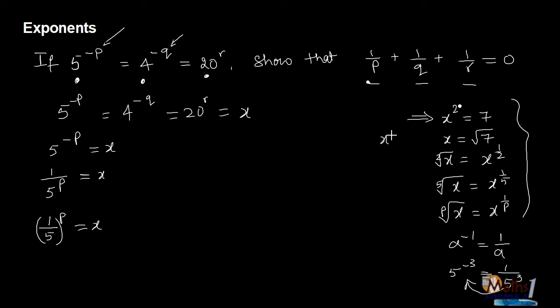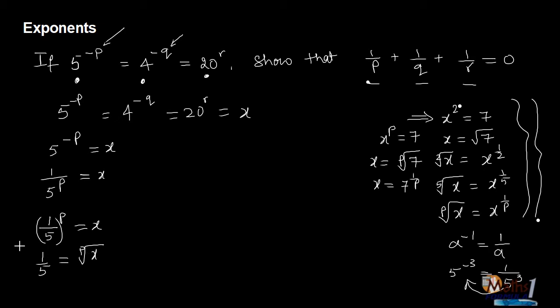So let's say if I had x to the power p equals 7, then x would be equal to the pth root of 7, so x will be equal to 7 to the power 1 by p, exactly following this concept. So if I do that, this is going to be 1 by 5 equals the pth root of x.